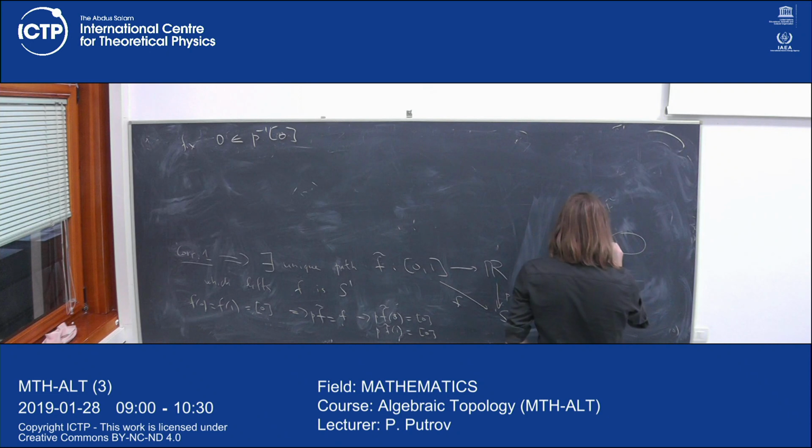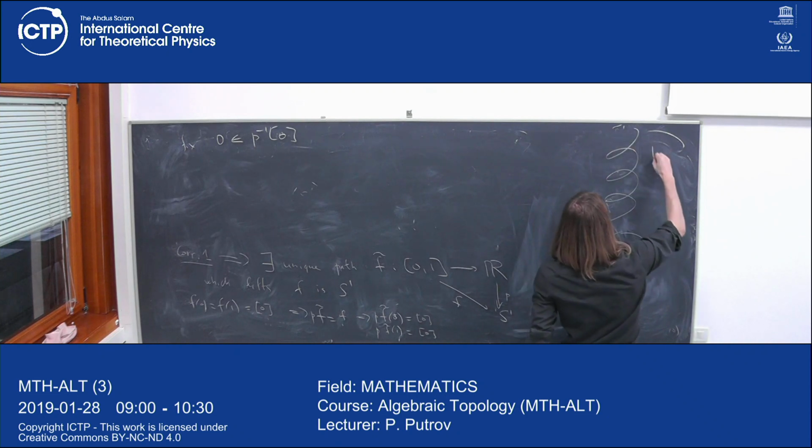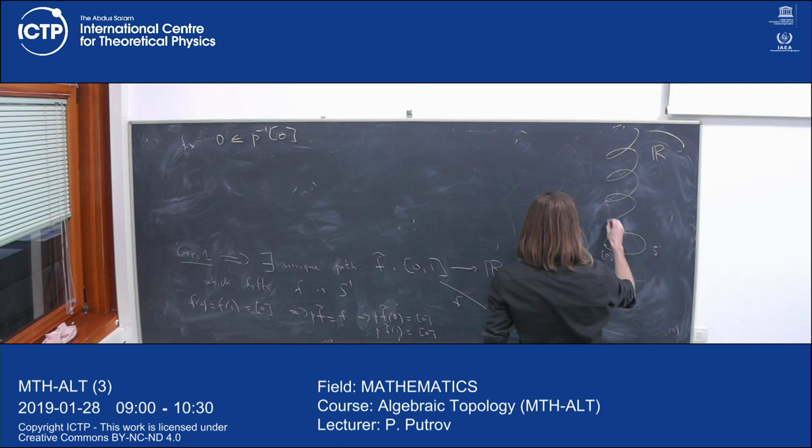So let me remind the picture which I had before. This is a circle, and there is R, which can be represented as a helix.